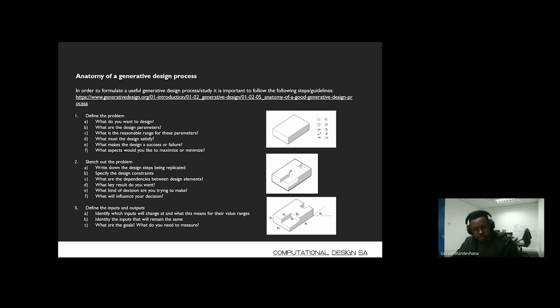generative design process. So the exercise I'm going to do today is very similar to what bio was doing in Dynamo. I'll be using Rhino and Grasshopper to create a similar, let's say a twin of that exercise.